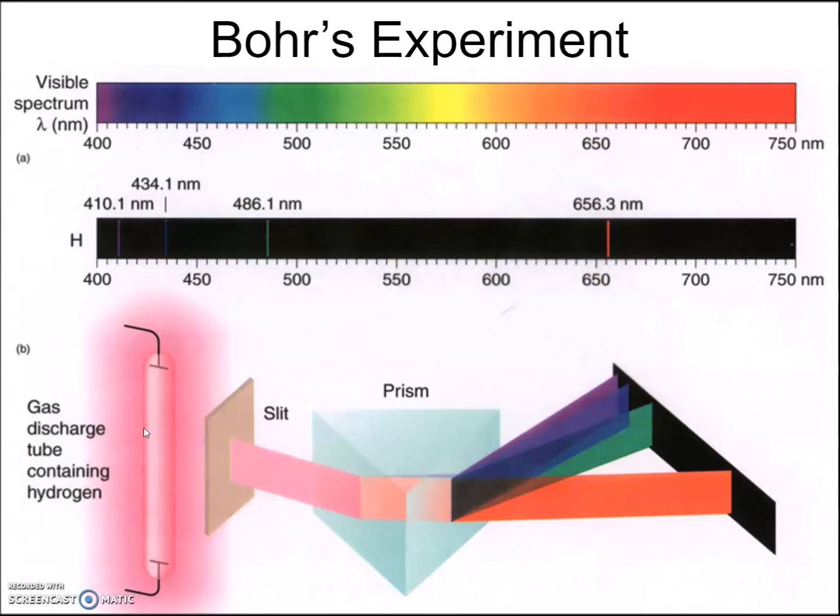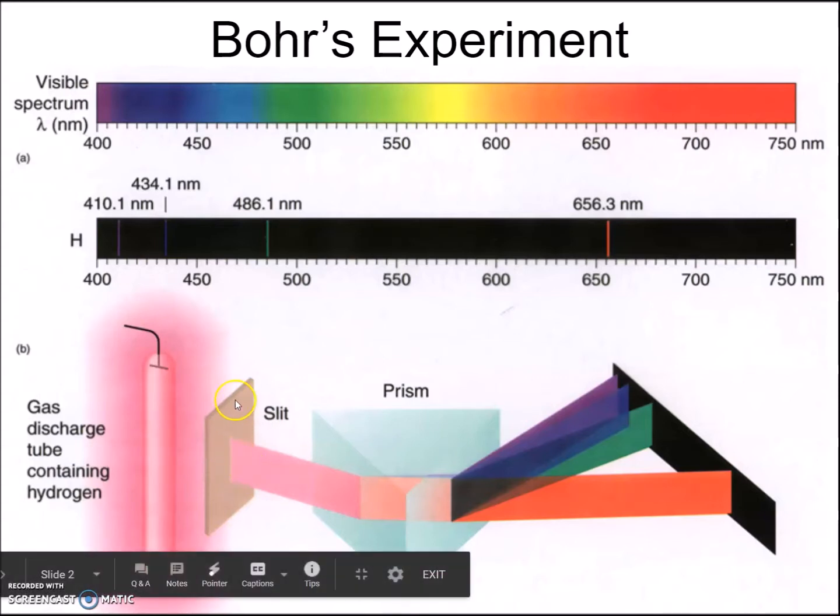Now, the high voltage electricity caused the hydrogen atoms to become what we call excited. That means the energy of the electrons within the hydrogen atoms got promoted to a higher energy level. He then filtered that light emitted from the hydrogen through a single slit and shined that light through a prism.